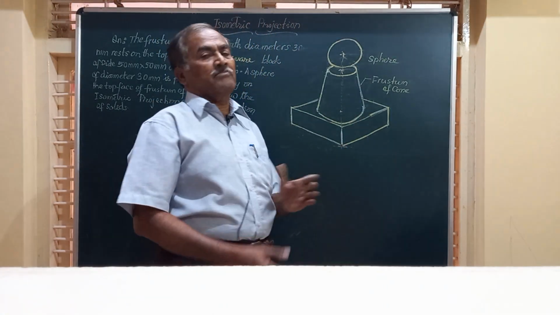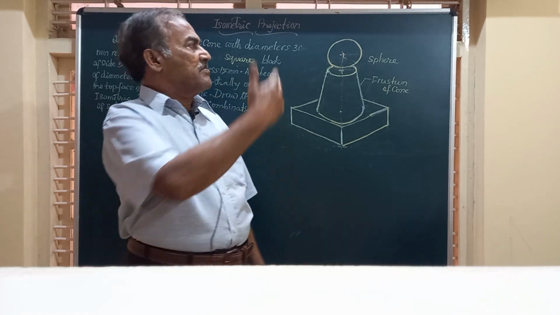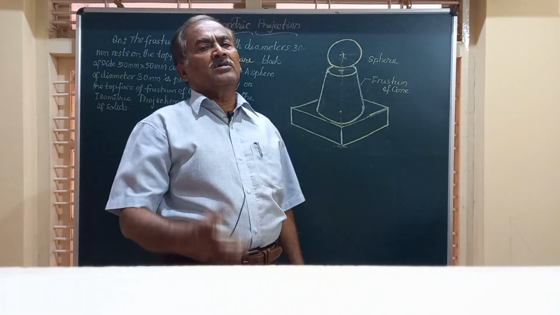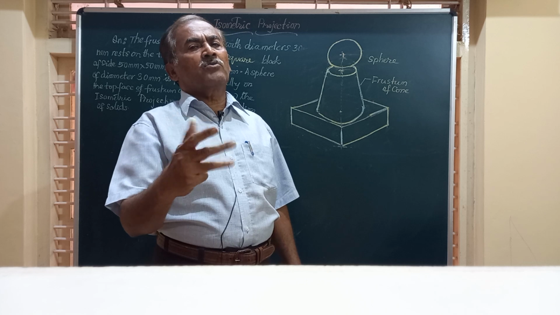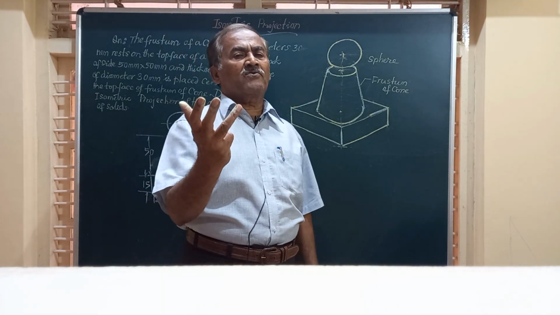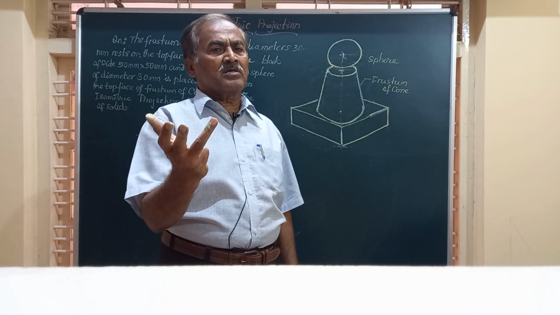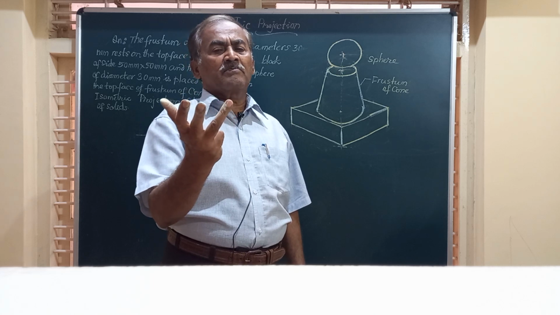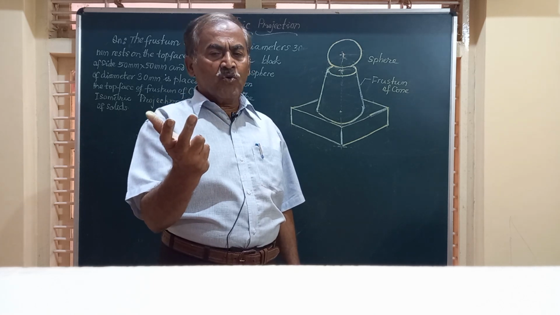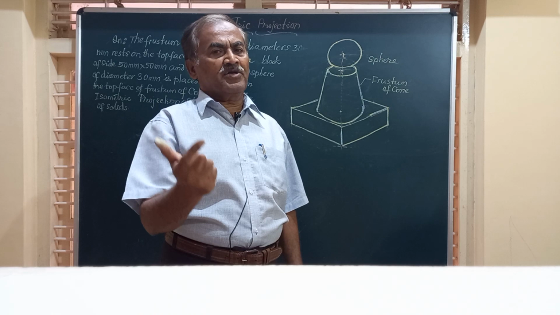Friends, by understanding this clearly, you have learnt how to draw the isometric projection of a square block, a frustum of a cone, and then a sphere.